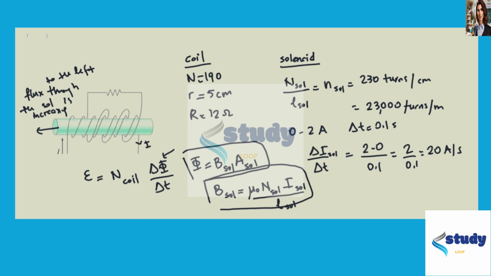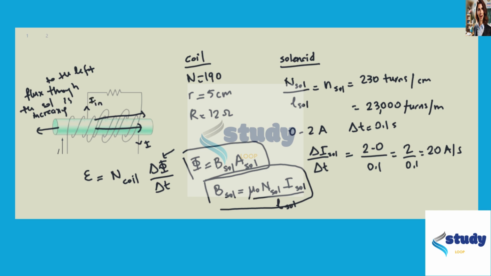So what the outer coil is going to want to do is to oppose that, right? It's going to want to generate an opposing flux through itself. So it's going to want the flux to be in the right direction. If you want the flux to be in the right direction, then the B field has to be in the same direction. And then you can use your right hand rule number 1. If the B field has to be to the right, then the current must be going up.